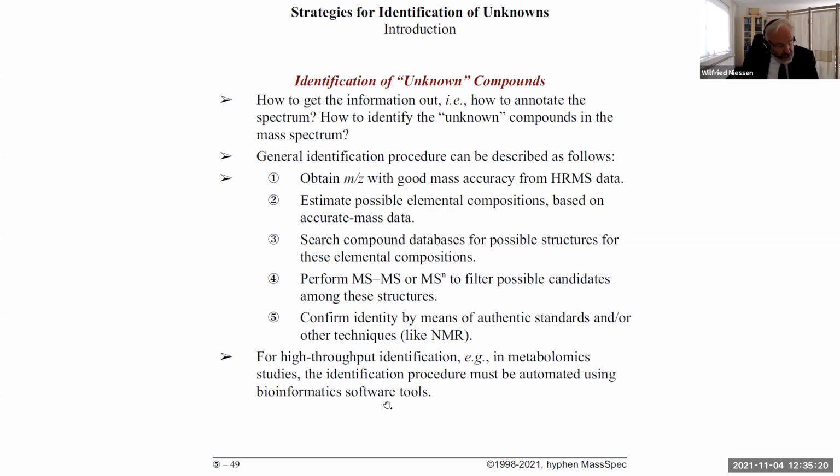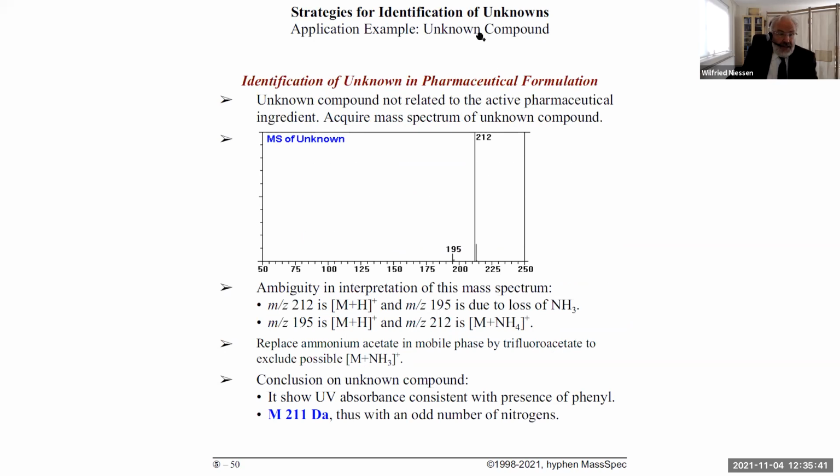In my first example, I used some data which were acquired in a laboratory where they only have an ion trap available, and they had to go to a different department to get the high resolution data. So we start out with the ion trap data. This is an unknown in a pharmaceutical formulation, and the unknown compound is not related to the active pharmaceutical ingredient.